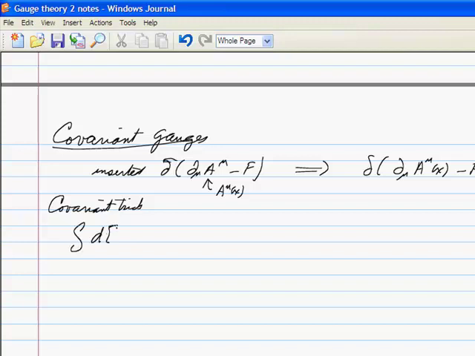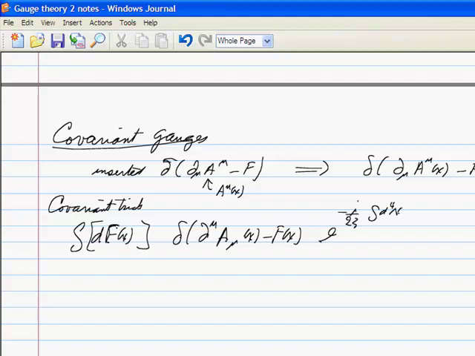So integral dF delta d mu A mu of x minus f of x, and we use the weight e to the minus i over 2c integral d4x f squared of x.